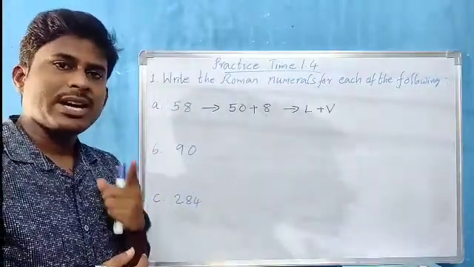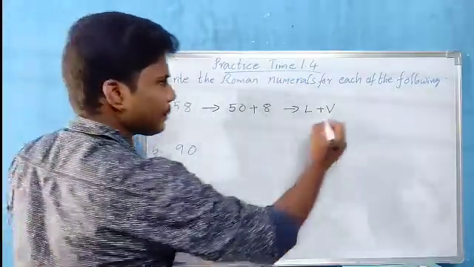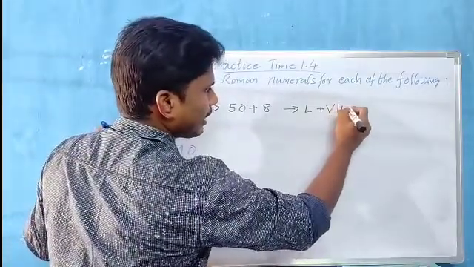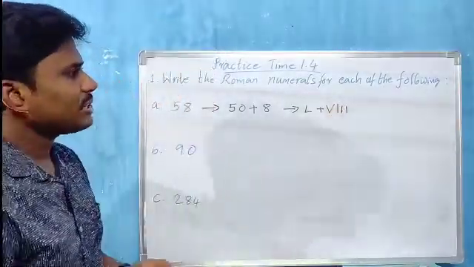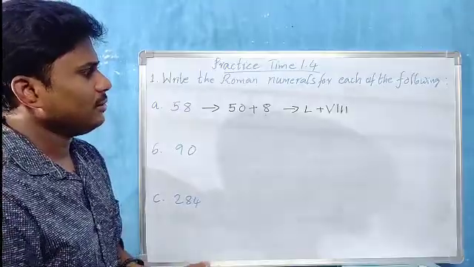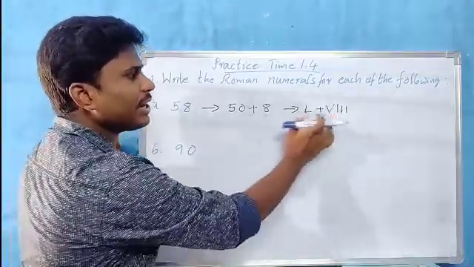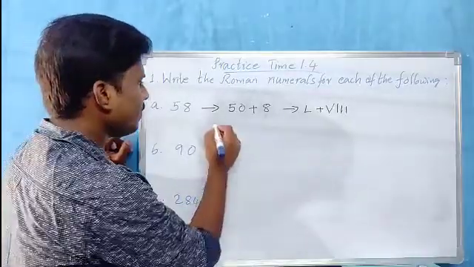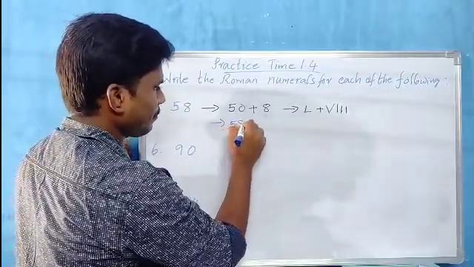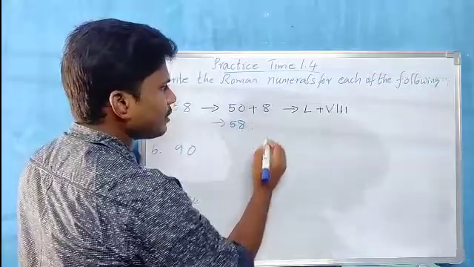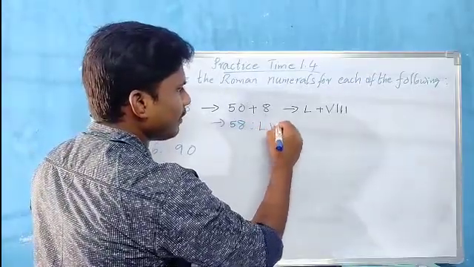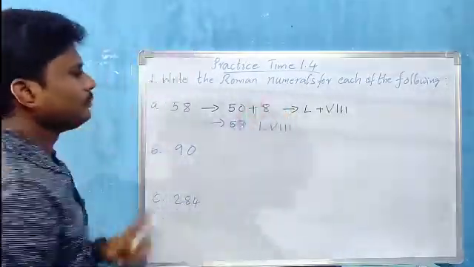We can keep 3 I's. I and I and I. So see children, we got the answer like this. L plus V I I I means 50 and 8. It gives us the answer 58, children. So 58 means L V I I I.